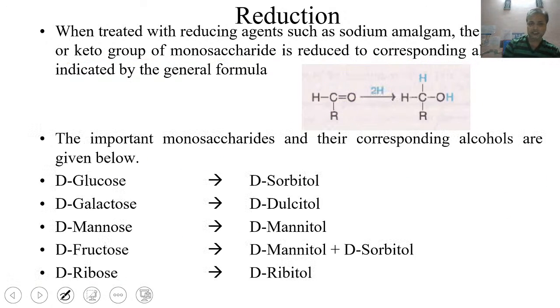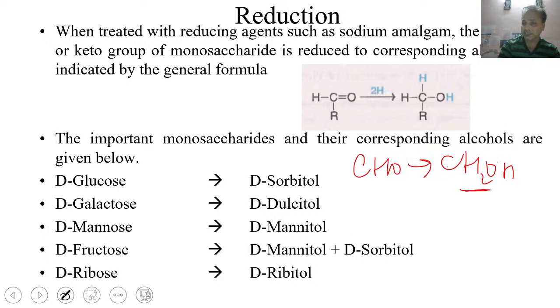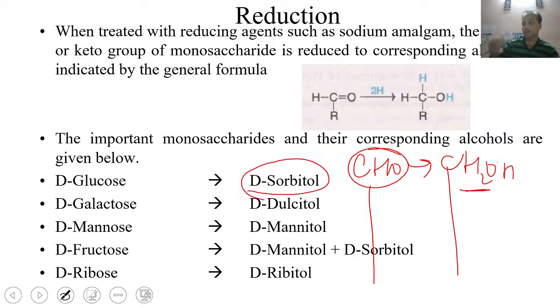If we take the example of D-glucose, the first carbon CHO is converted into CH2OH. The CHO of glucose has been converted to CH2OH, the remaining structure is the same, only the terminal CHO has changed, and that we call sorbitol. You might have studied diabetes mellitus; in diabetes mellitus this reaction occurs by the aldose reductase enzyme, and that leads to one of the complications, sorbitol.